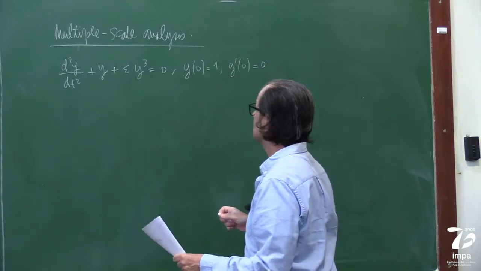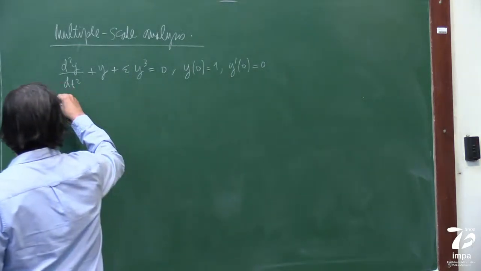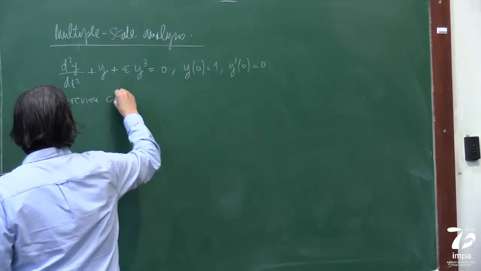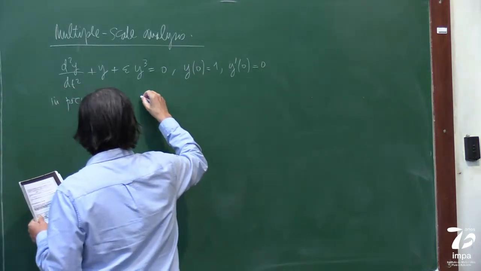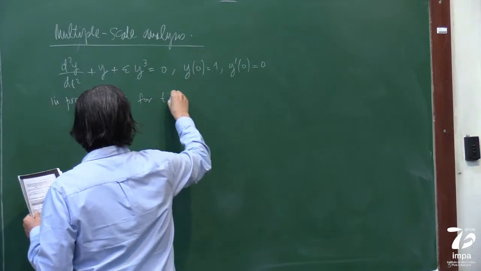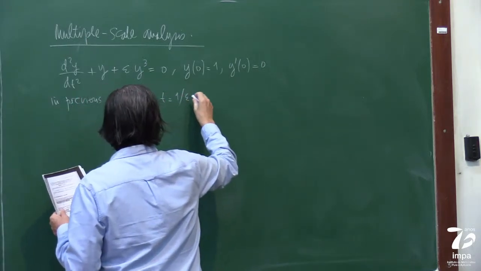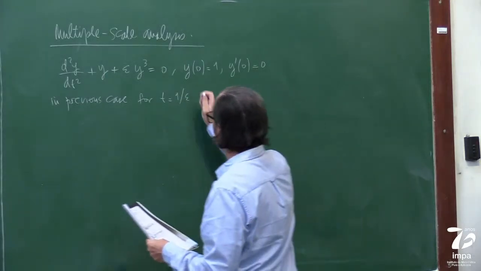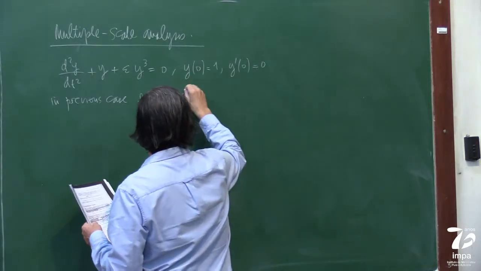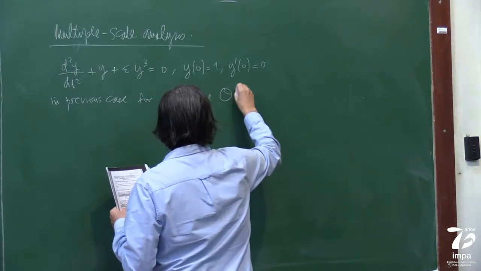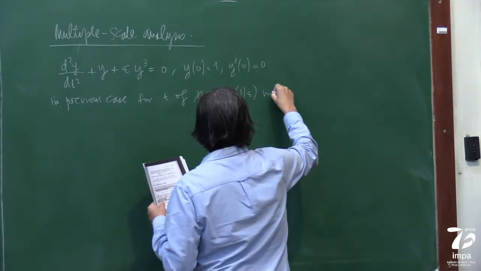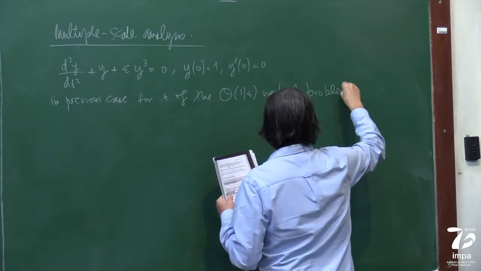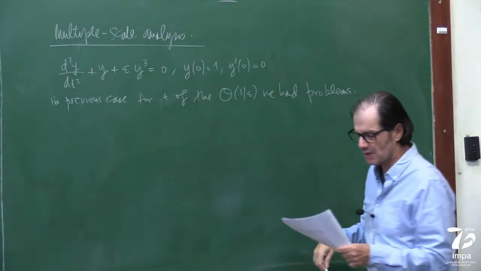So, remember that we had a t. So in the previous case, for t of the order, better to say, 1 over epsilon, we had problems, right? The secular terms.